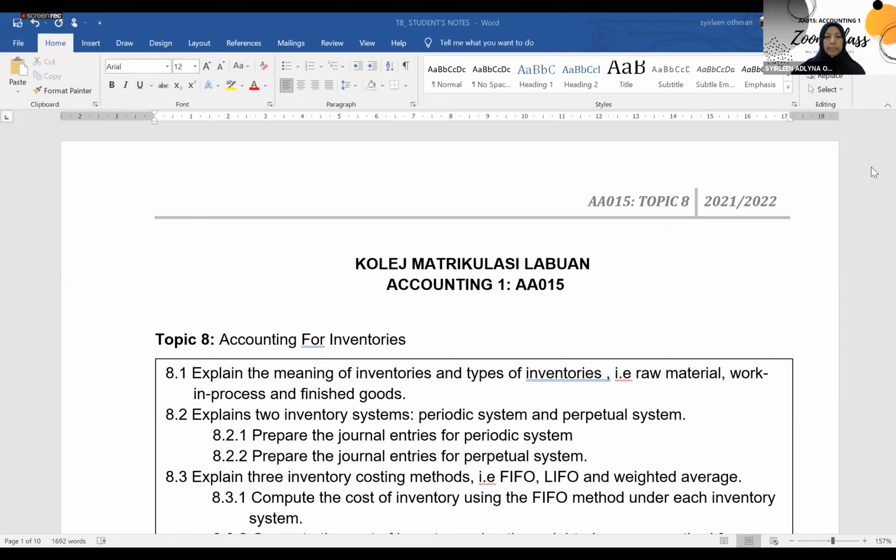Satu dah ada soalan dalam handout. Okay, so kita akan buat soalan 9, soalan 10, soalan 11 dan soalan 12.